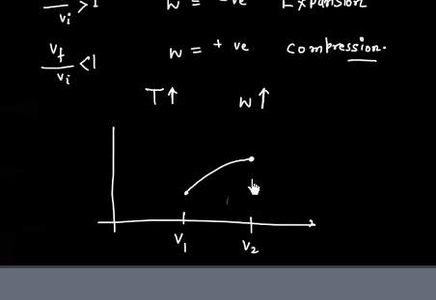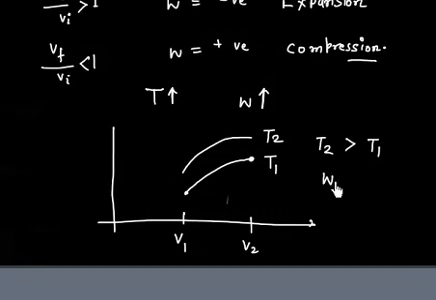So this is the work done at lower temperature. If you change the temperature, I am going again from V1 to V2, but work done will be higher. So T2 is greater than T1, W2 will be basically greater than W1. So if you change the temperature, work will be different.